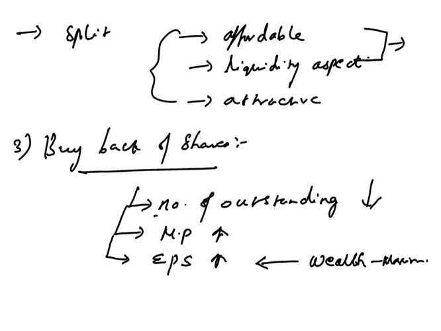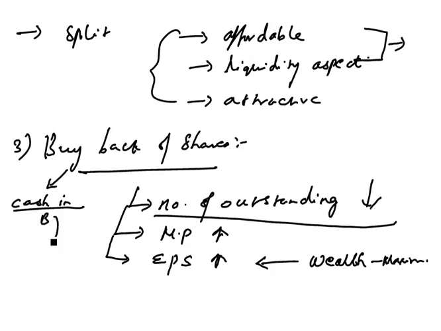When they are doing the buyback of shares, usually the company will be having a high amount of cash in its balance sheet. Maybe they don't have any alternative business to invest this cash in. So they use this cash to buy securities from the investors in the market.